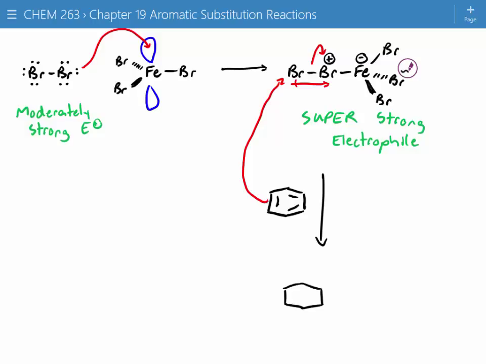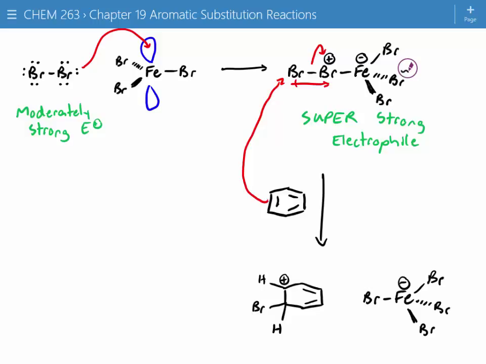So let me do this over here. Sorry, guys. Got Br and H. And we've got a hydrogen here, positive charge there, and our pi bonds. And then we also have our leaving group. And the iron still has a negative charge. No electrons have moved to it or away from it, so it's still got a negative charge.